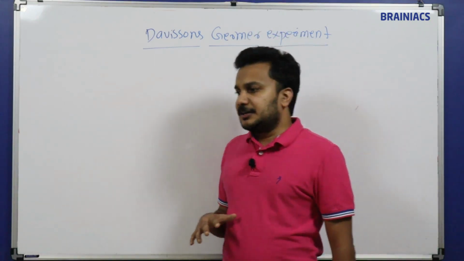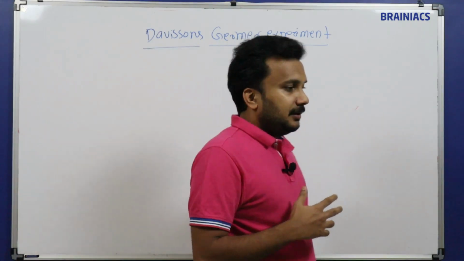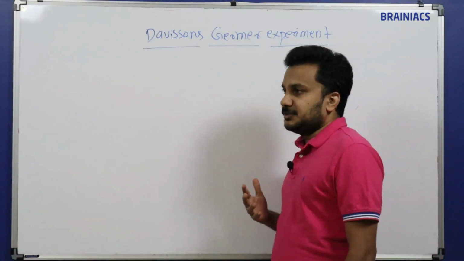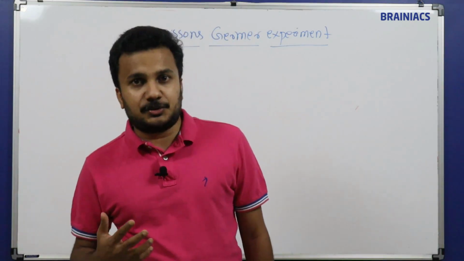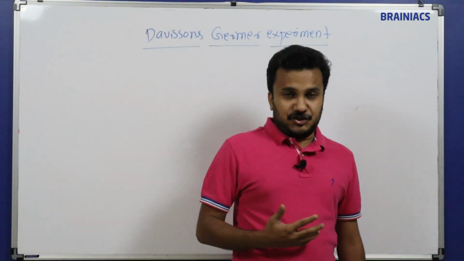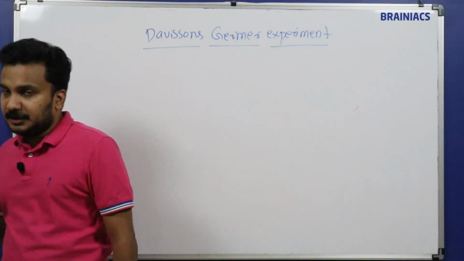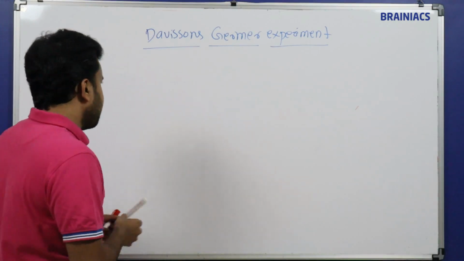This is what de Broglie was trying to prove, and according to de Broglie, he gave a set of equations: lambda is equal to h by p, lambda is equal to h divided by root of 2mE, E is the energy. These are the expressions which de Broglie gave to us.